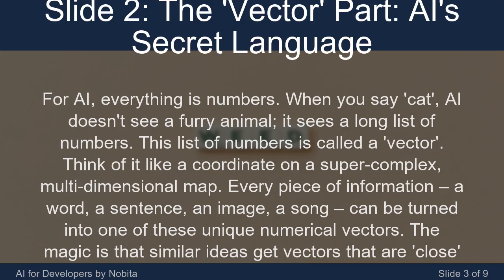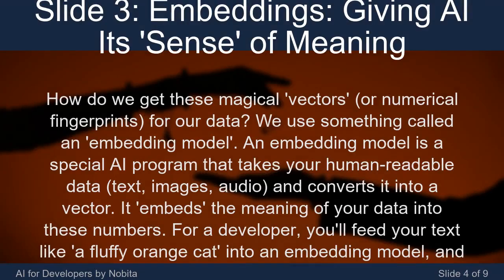As developers, we don't usually create these vectors manually. We use special AI models to do it for us. How do we get these magical vectors, or numerical fingerprints? For our data, we use something called an embedding model. An embedding model is a special AI program that takes your human-readable data, text, images, audio, and converts it into a vector.